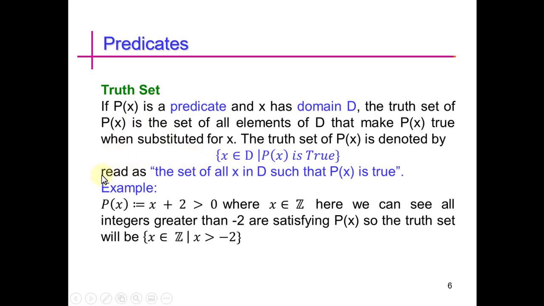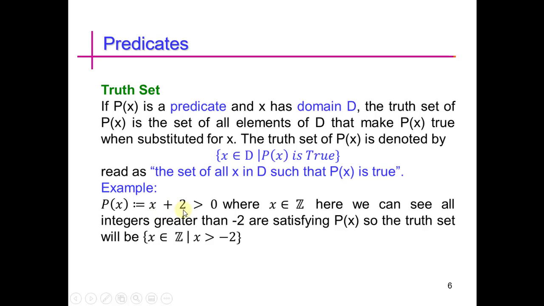We consider an example to understand this. Our predicate is x plus 2 is greater than 0, where x belongs to integers. You can see here, if we put minus 2, we get 0, and 0 is not greater than 0, so we must discard minus 2.